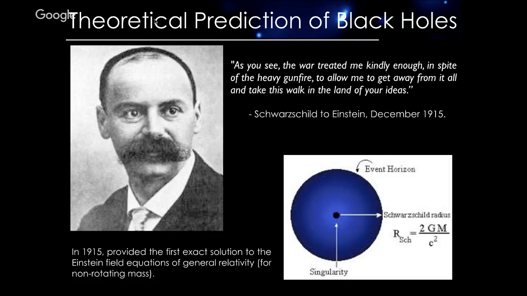So this is what we now refer to as a Schwarzschild black hole, which is the solution for a black hole that is non-rotating. And you might have heard of things like the Schwarzschild radius that sets what the event horizon of this kind of black hole will be: 2GM over c squared.